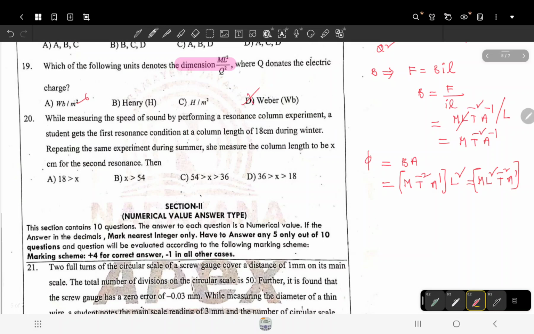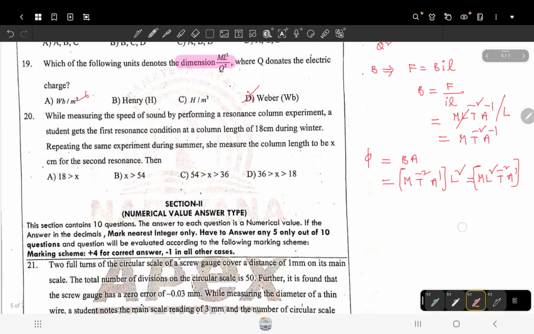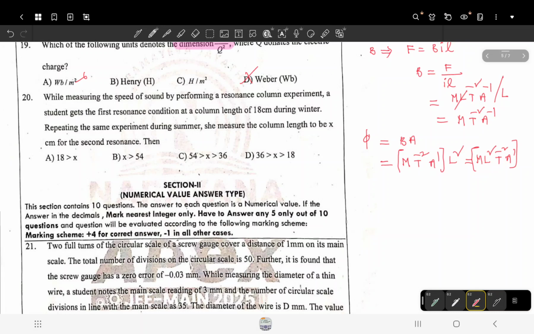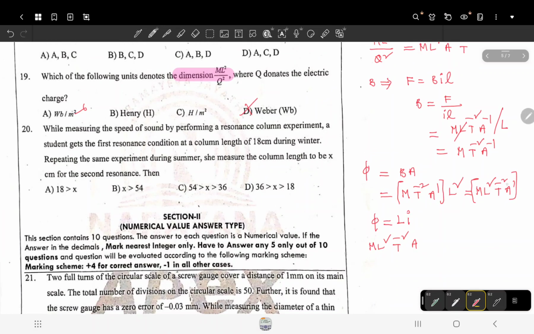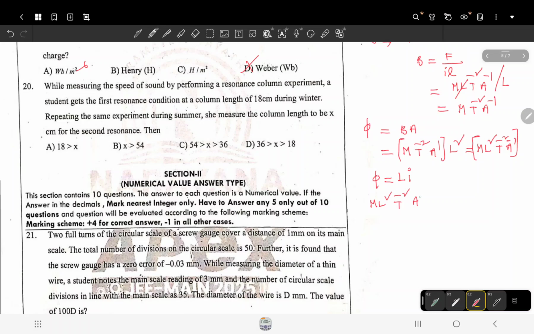Coming to the Henry, it is the unit of self-inductance. The self-inductance formula: flux phi is equal to L into I. Phi can be written as M L square T power minus 2 A power minus 1, the same as for flux.